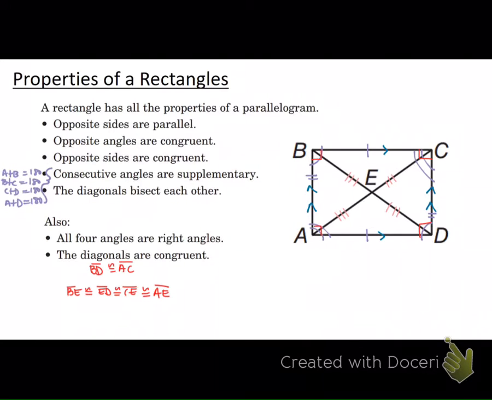Consecutive angles are supplementary, meaning they add to 180. Does 90 plus 90 make 180? Yes. So the third box from the bottom should be shaded. Each diagonal separates the shape into two congruent triangles. If we're ignoring this diagonal here, do you see this triangle and this triangle?